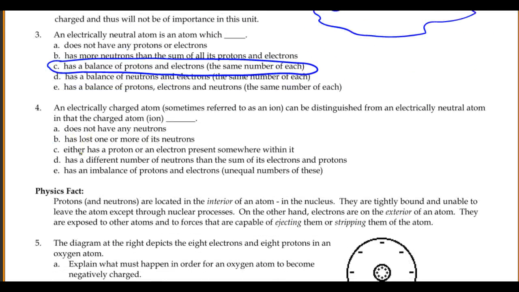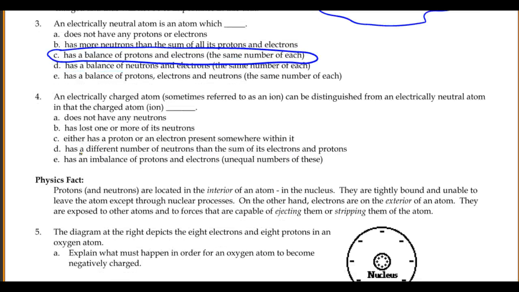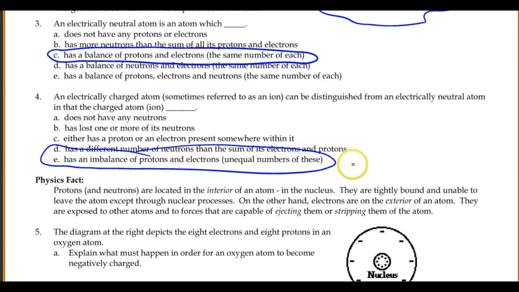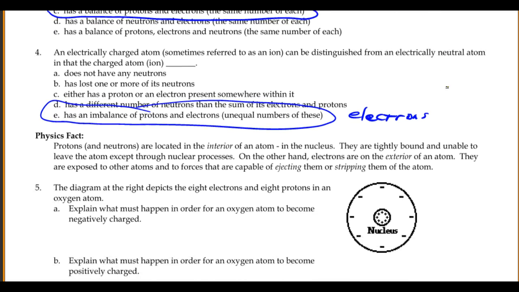An electrically charged atom is referred to as an ion, and it can be distinguished in that it will have a different number, an imbalance, of the protons and the electrons. And the way that is going to be brought about is that we're going to move the electrons. We might bring electrons in from someplace, or we might send them out to some other place. But it's not the protons that move because they are in the nucleus. We will need some kind of nuclear reaction to get them out.